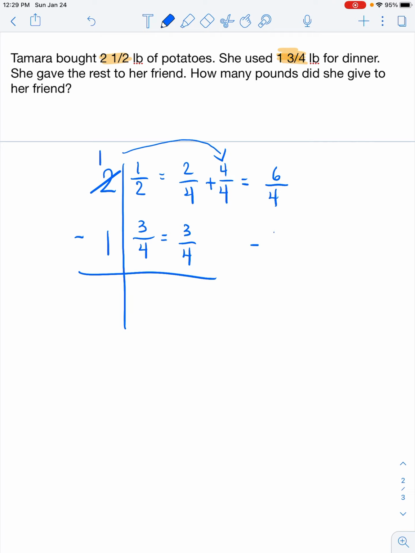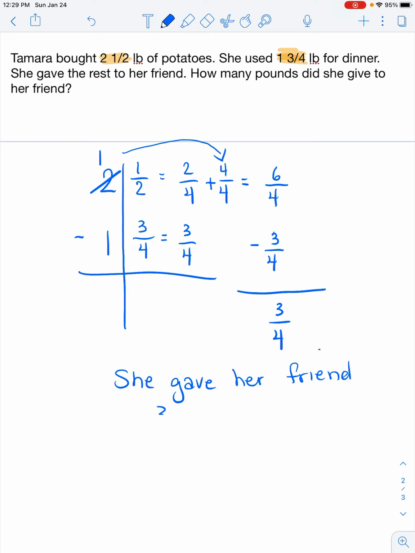And we're going to subtract 3/4. And we get 3/4. And you see 1 minus 1 on the whole number side is 0. So in this case, she gave her friend 3/4 of a pound.